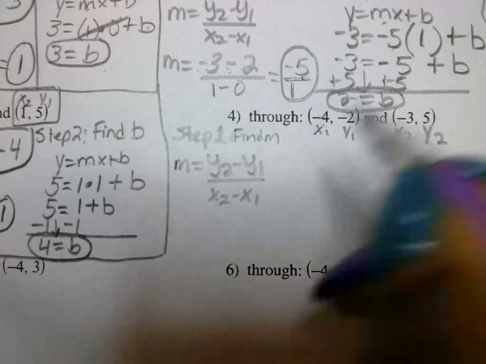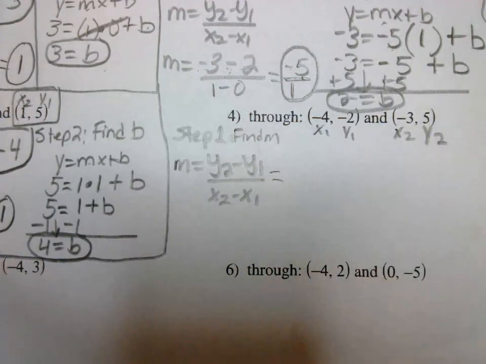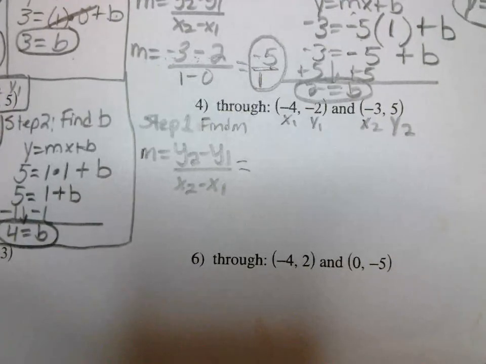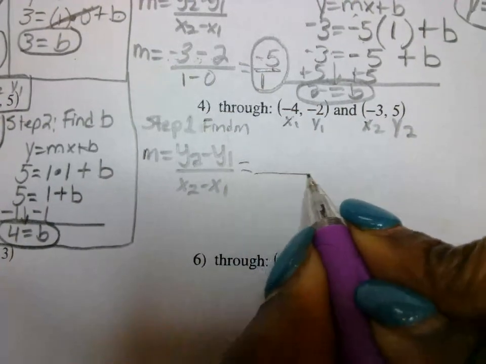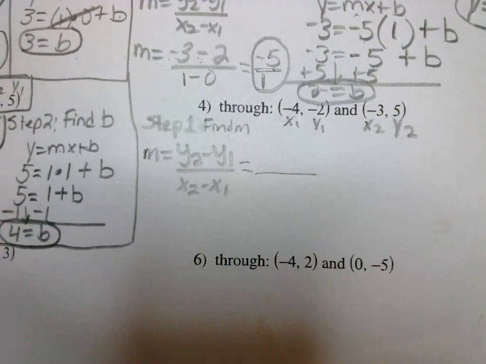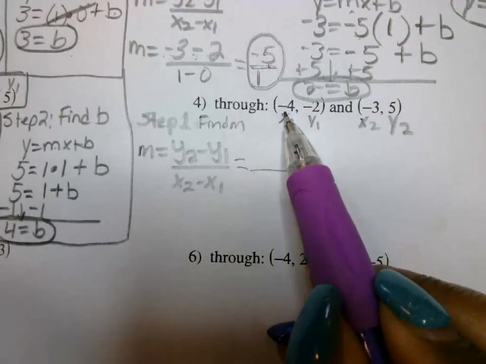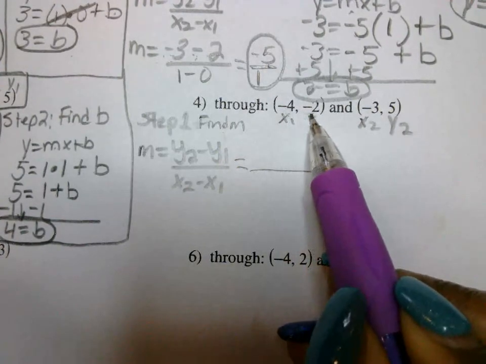All right, so let's substitute. What do we put on the top? What minus what, Alex, on the top? Which one of those numbers is Y2? Then pay attention. Stop talking to him. Look up here. This is your first point, X1, Y1.